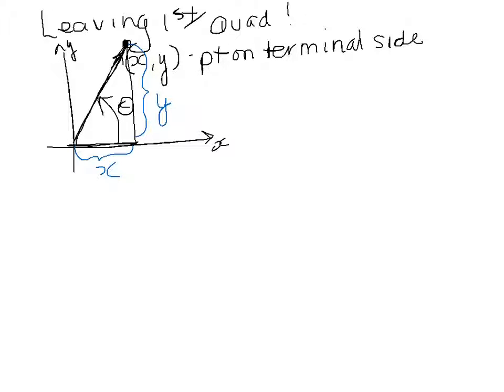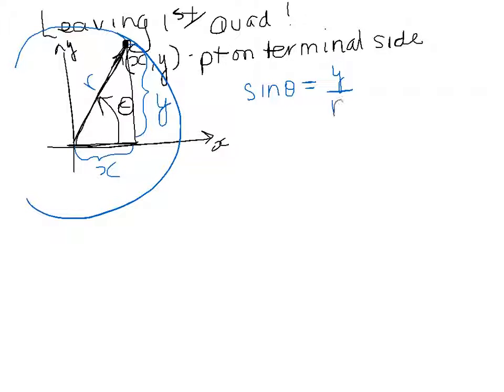And if I think about it that way, I'll use my old sine theta is opposite over hypotenuse. Well, we need to define the hypotenuse. I'm going to call it r, simply because if I keep rotating this theta all the way around, I will have a circle, and that would be the radius of the circle. So let's call it r.